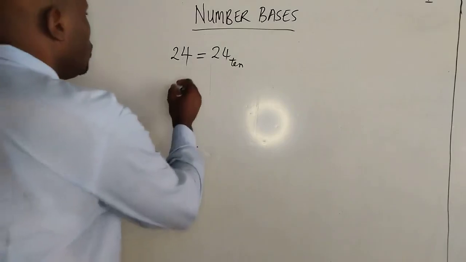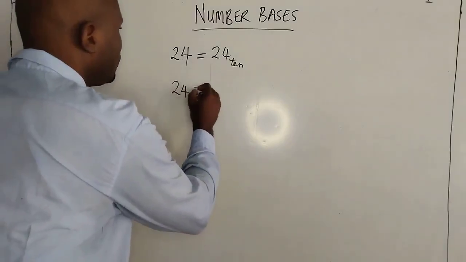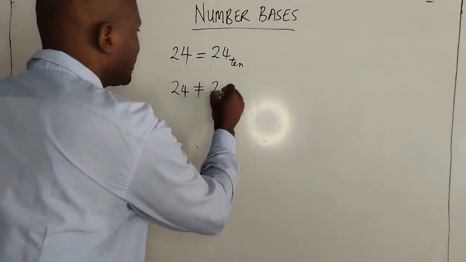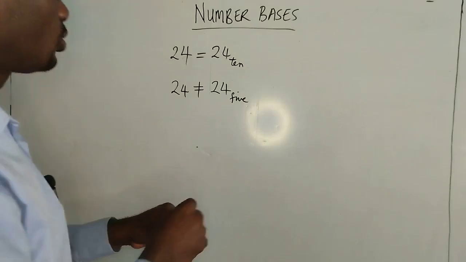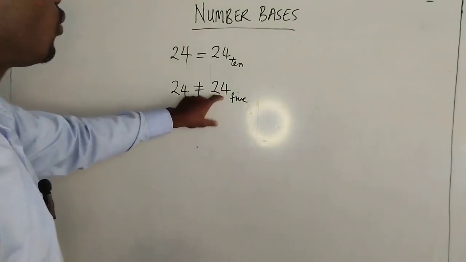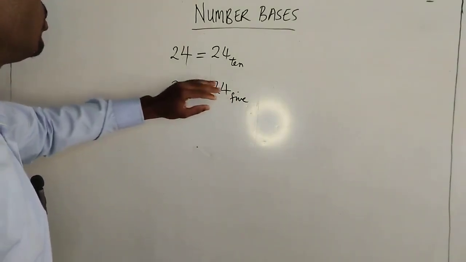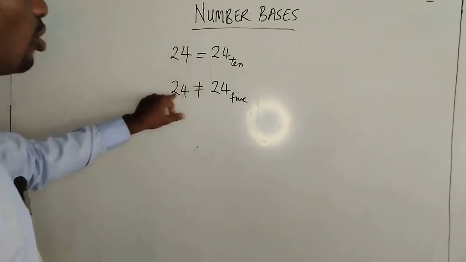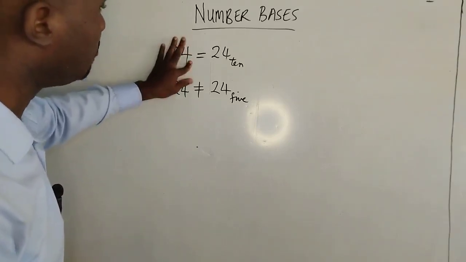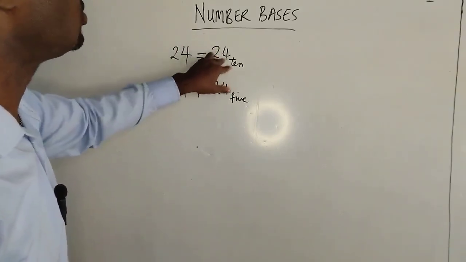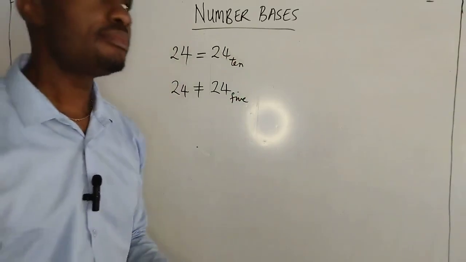For example, 24 is not the same thing as writing this, 24 base 5. So this one is 24 base 5, different from 24. But writing 24 without a base is the same thing as writing 24 base 10.